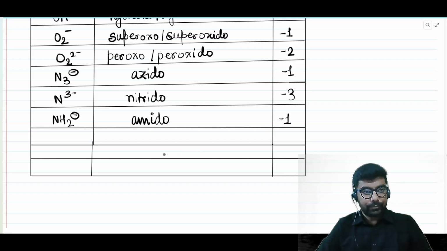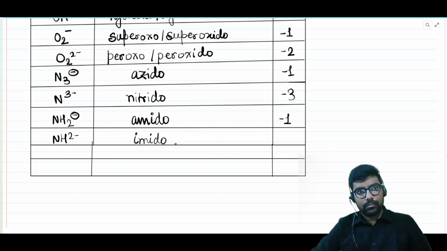Then we have NH2 minus, this is called imido. Imine, imido. Remember this, this is NH2 minus and this is NH2 minus. The charge is -2 over here. So this is imido. Then if we have H minus hydride, so hydrido, with a charge of -1.